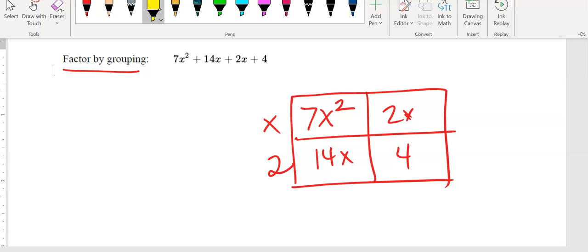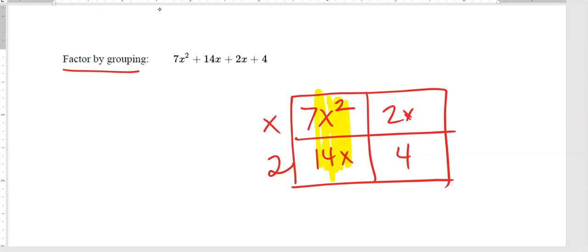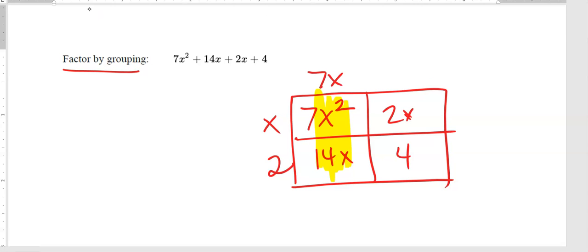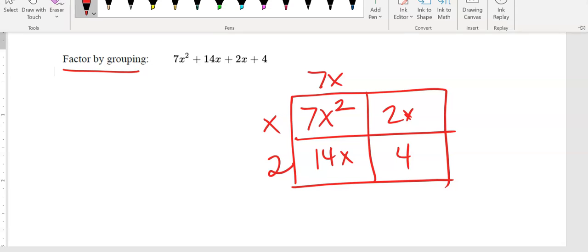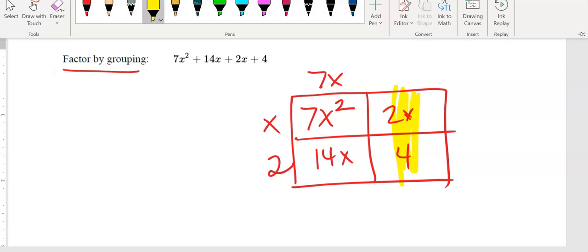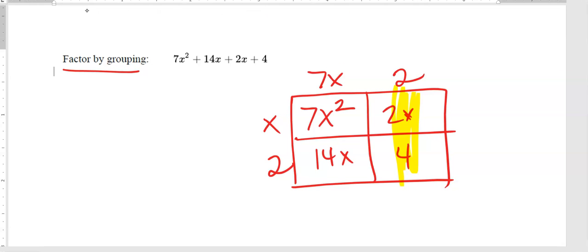Then I do the verticals, and I look for what do these have in common vertically? What is their greatest common factor? Well, they have a 7 and an x. And then finally I do that last column and say, what do they have in common? Well, their greatest common factor is 2. Okay? Now, whatever you're touching will tell you the sign.